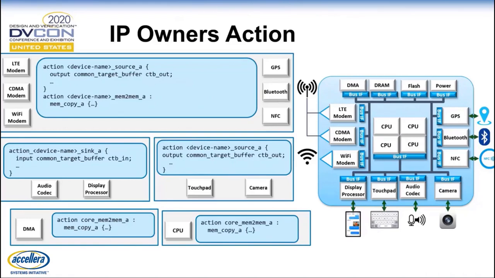We want to do random generation of these chains and then figure out the coverage achieved by the different chains, and reduce the overhead of doing very directed tests that go through specific IPs to achieve a chain.